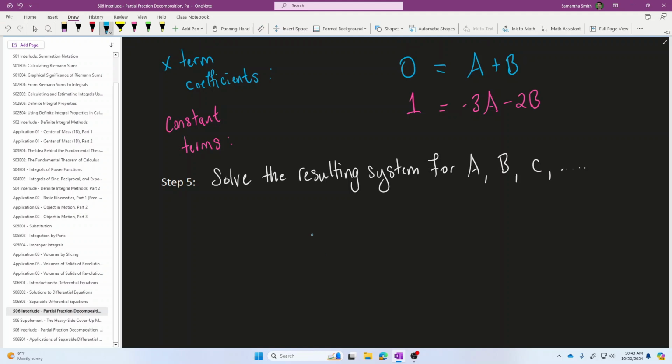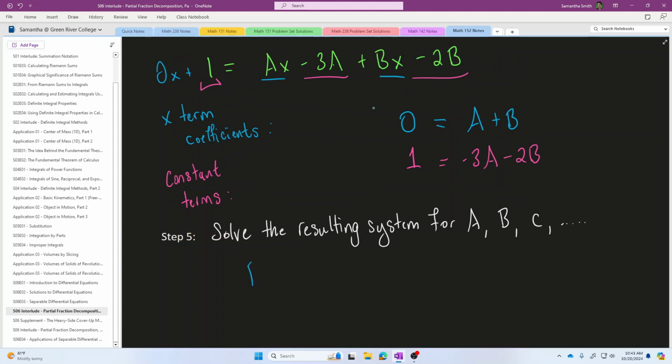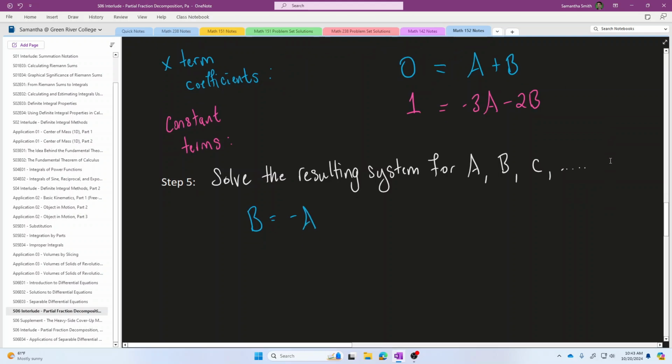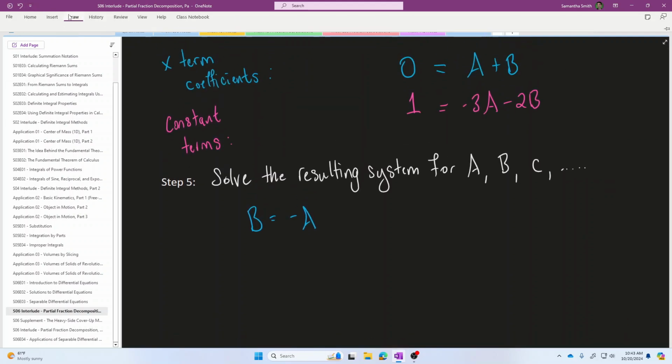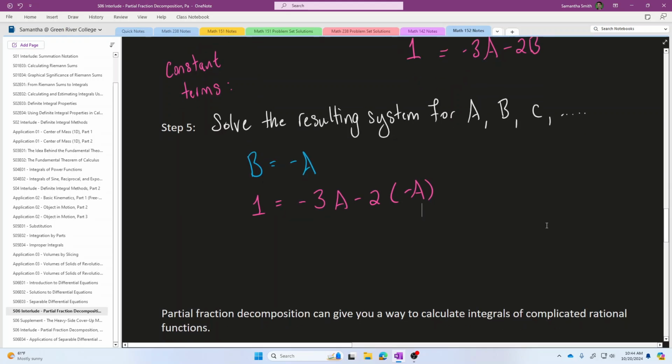Now, in this case, I think the easiest way to solve for a and b is to take that first equation and rewrite it to get a statement sort of like b is equal to minus a. If I take that information and substitute it into the second equation, then I find that 1 must be equal to negative 3a minus 2 copies of b, which I now understand is equal to negative a.